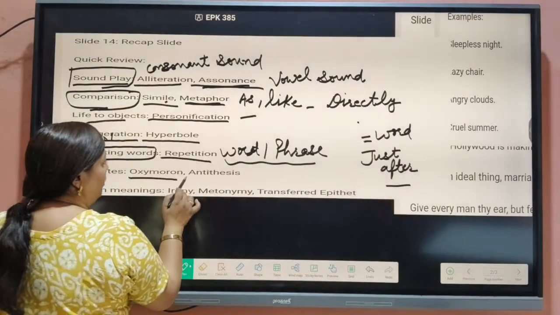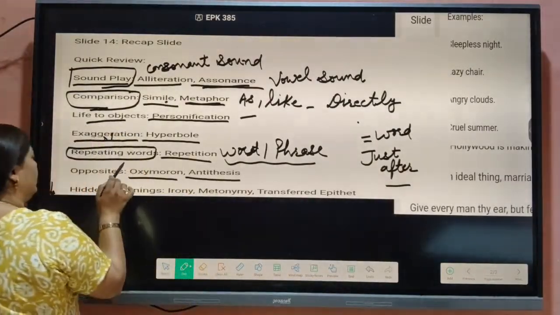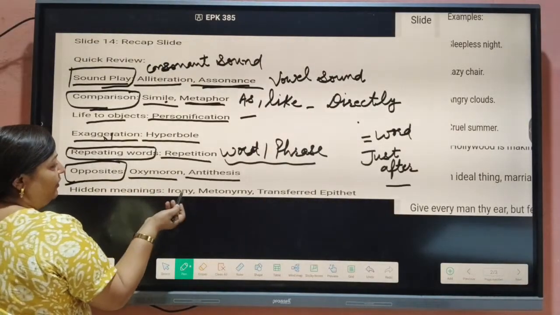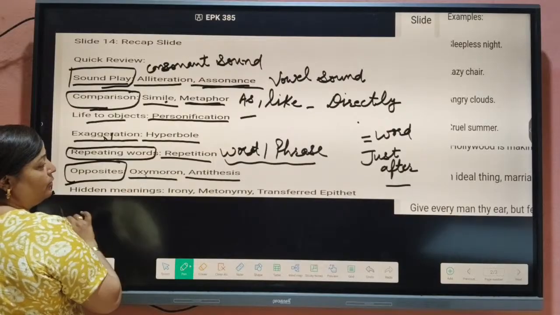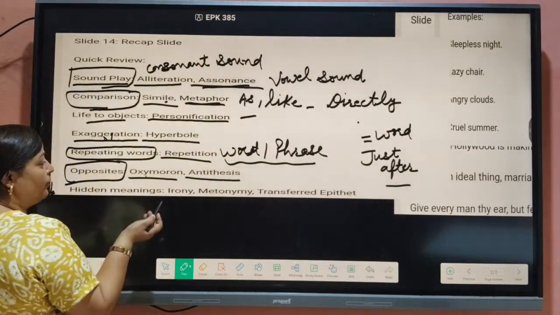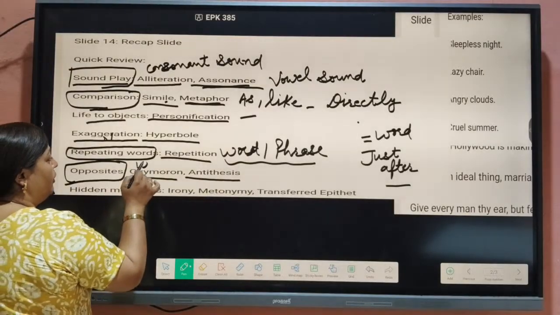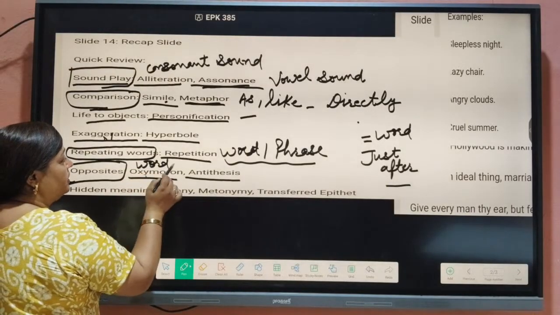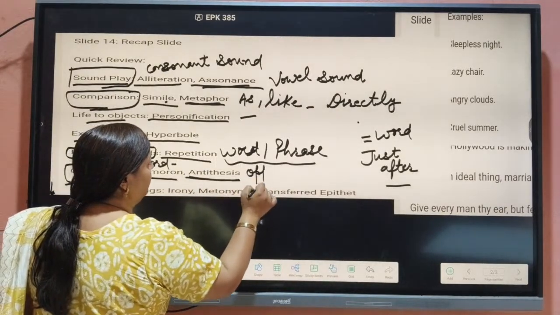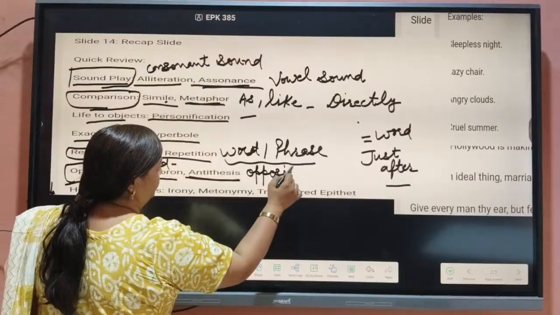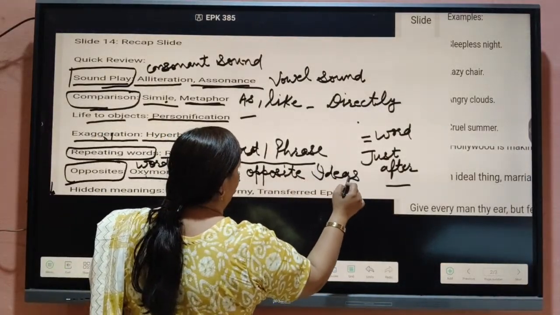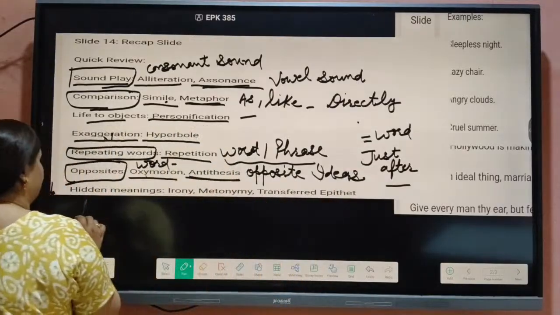And in oxymoron and antithesis, we tell opposites. We will find opposites in oxymoron also and antithesis also. What is the difference between the two? In oxymoron, opposite words will be used, and in antithesis, opposite ideas will be there.